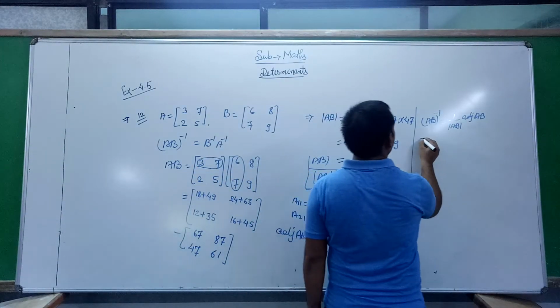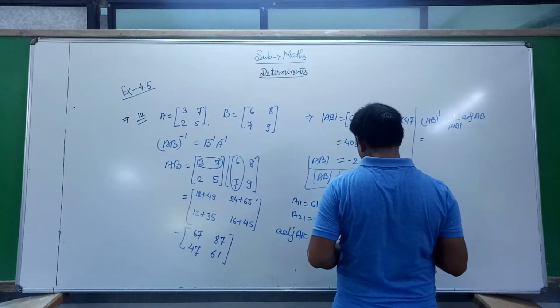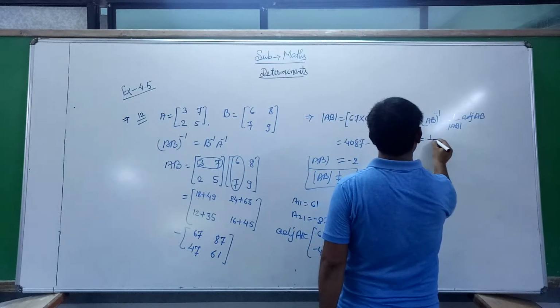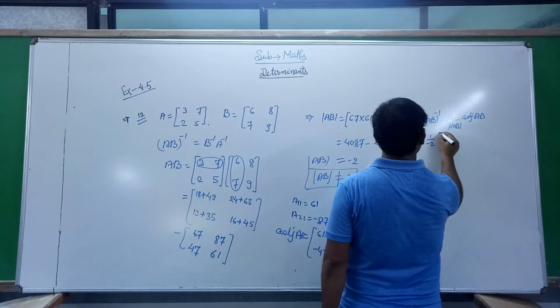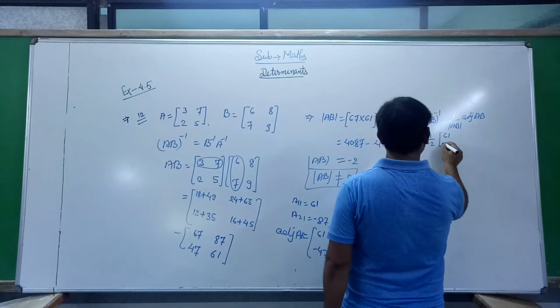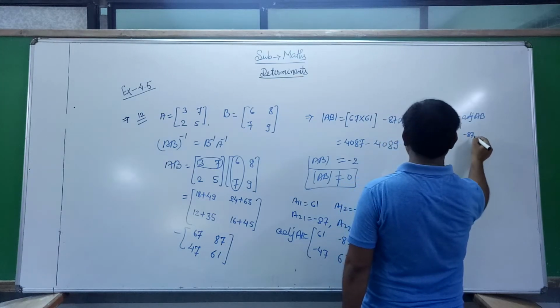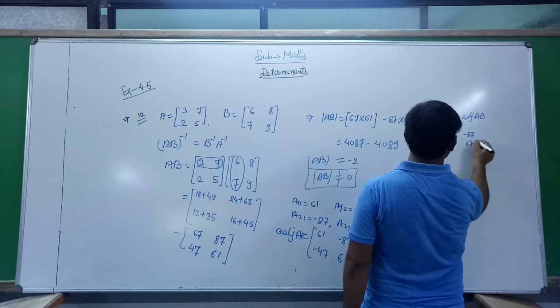Therefore, AB inverse is equal to 1 upon minus 2 times the matrix 61, minus 47, then minus 87, then 67.